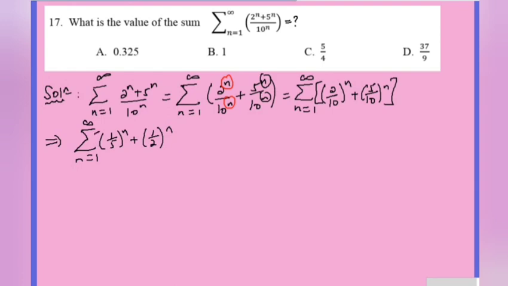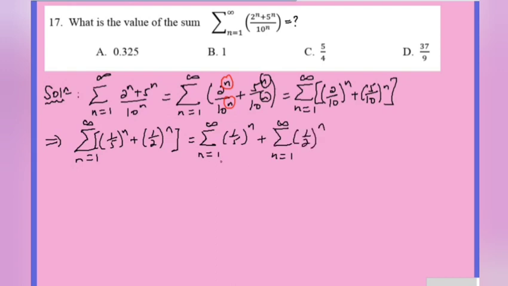Using the property of summation, we can take the summations separately: the sum n from 1 to infinity of 1 over 5 to the power of n, plus the sum n from 1 to infinity of 1 over 2 to the power of n.